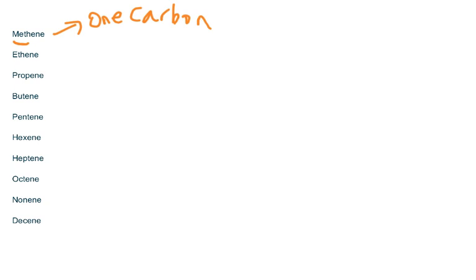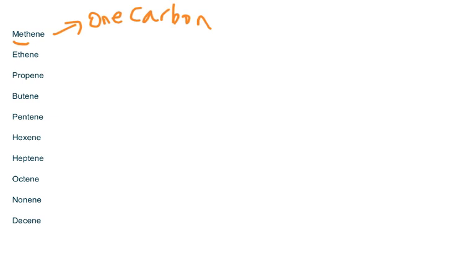right? But as we know, you can't have a double bond with just 1 atom. You need 2 atoms to have a double bond at least. So actually you can't really say methene because that's only 1 carbon. You need 2 carbons at least to have a double bond.